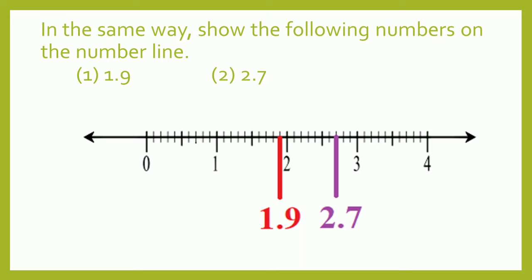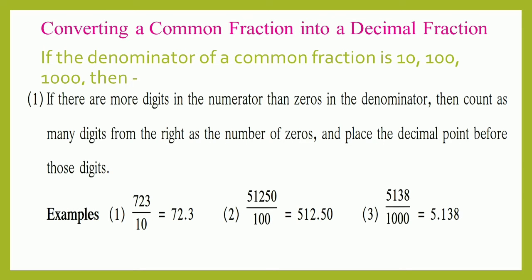Now let's show another number, that is 2.7. In this case the integer part is 2. After 2 we will count 7 parts. 1, 2, 3, 4, 5, 6, 7. So this number is 2.7.